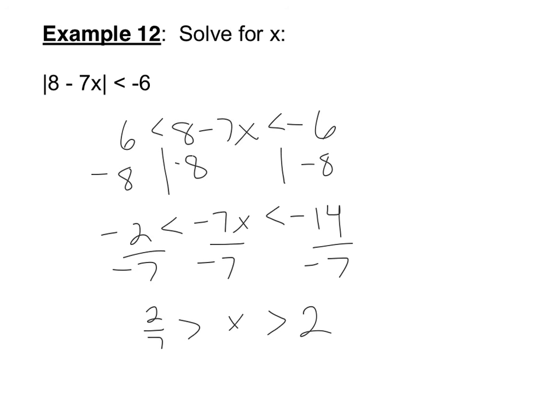No. And if you just picked a number greater than 2 and picked in 3, you plug that in, can an absolute value ever be less than a negative number? No. So when you get something like this and you don't have any solutions, the answer is just no solution.